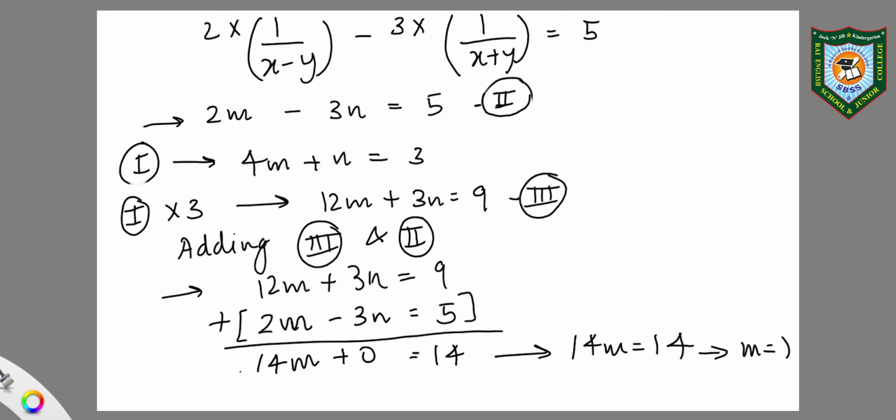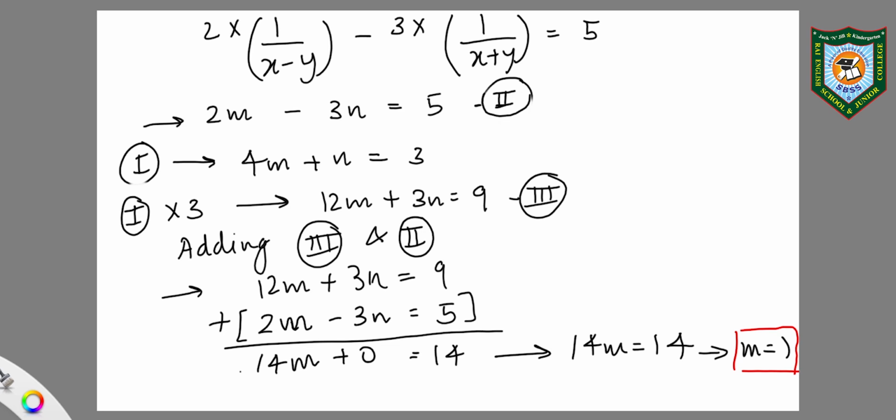So once I receive m is equals to 1, all I have to do is highlight this so that I do not make any mistake. m is equals to 1. Now I'll be substituting m is equals to 1 in any of the 3 equations.